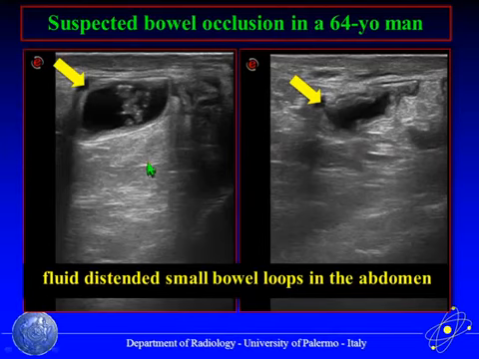Another case of suspected bowel occlusion in a 64 years old man. If we look at the abdomen, not at the sac of the hernia, we can see in this case some bowel loops distended with fluid within the loops, a sign of obstruction.